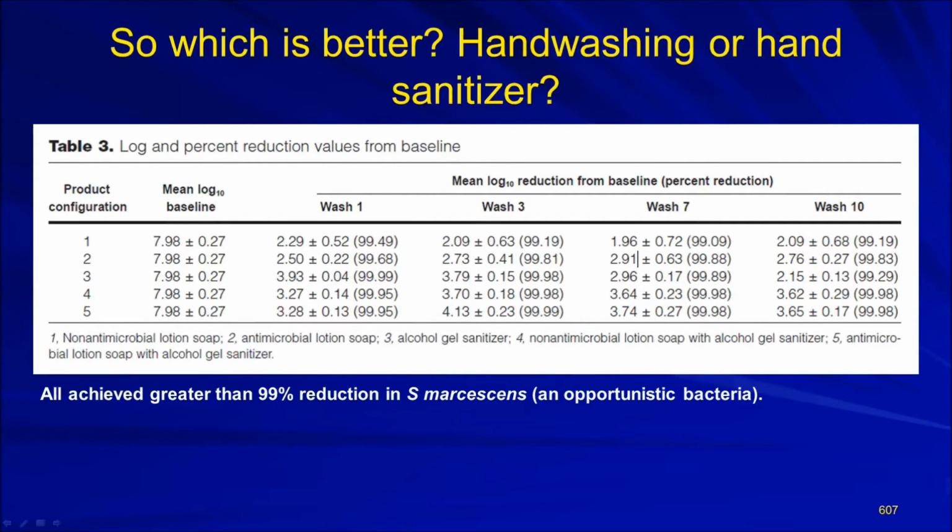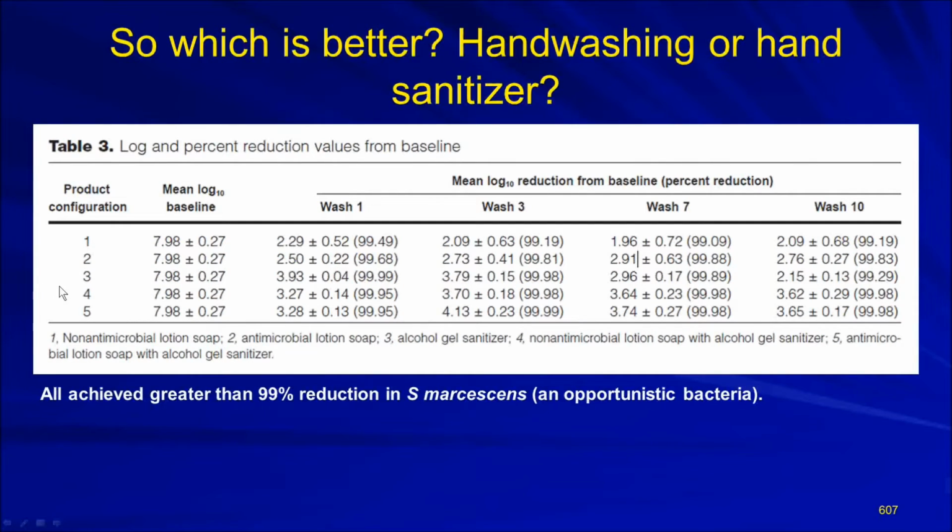And although none of these 5 methods were statistically better than the other, there was a specific statistical procedure called the rank ordering procedure, in which they showed that antimicrobial soap proved to be consistently more effective than the non-antimicrobial soap, and the alcohol gel sanitizer proved to be consistently more effective than the other methods.